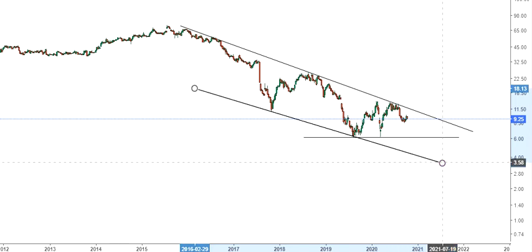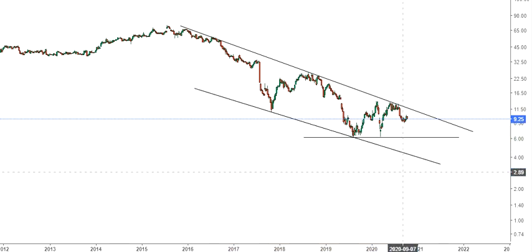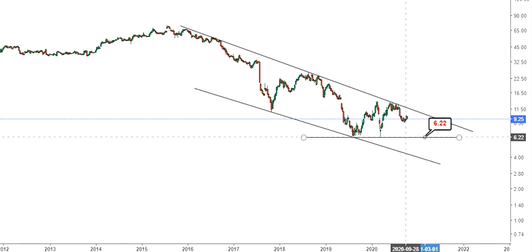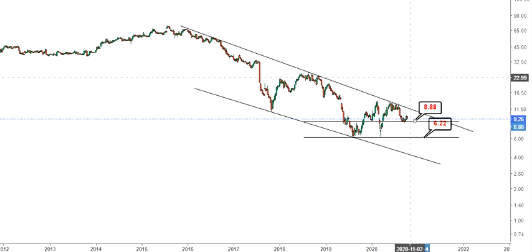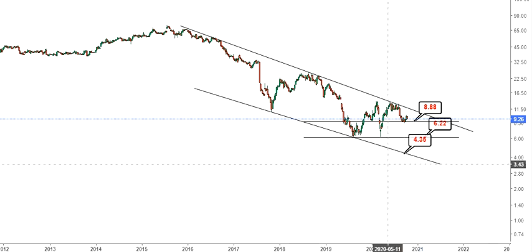Now we are looking at the big trend, where you have your big support at 6.22, which is also visible in the daily chart, where you have your first support at 8.8, then 6.22, below that you have 4.4, and below that probably much lower levels to come.